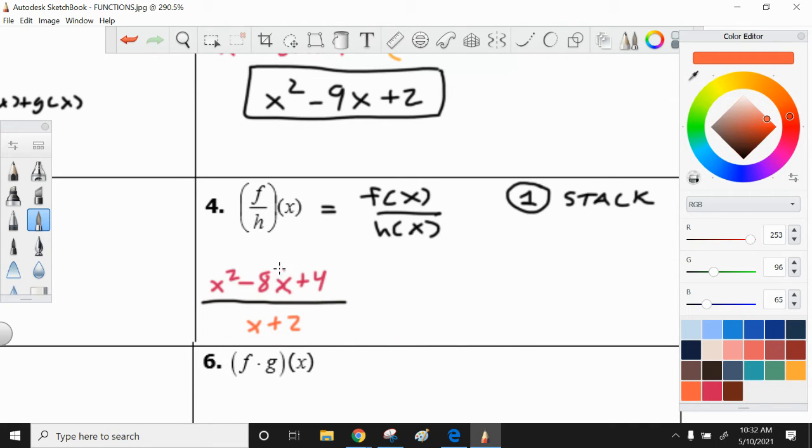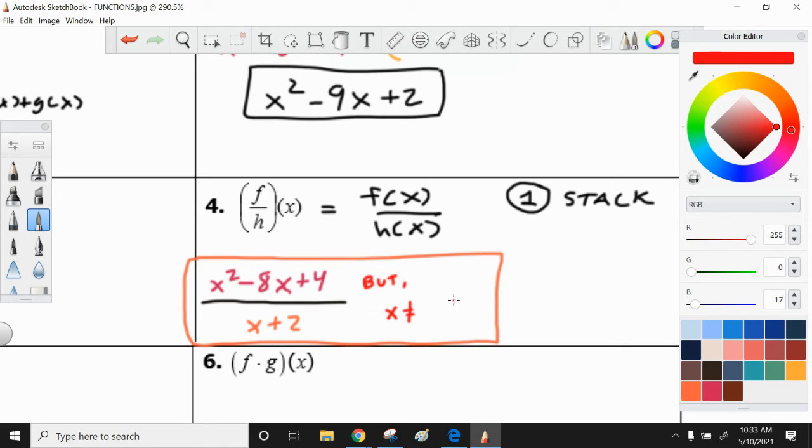And so for these questions, we're pretty much done. But what we need to do is say, here's what you wanted, but don't let x be whatever number would make that bottom 0, right?